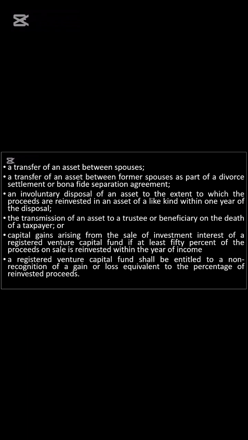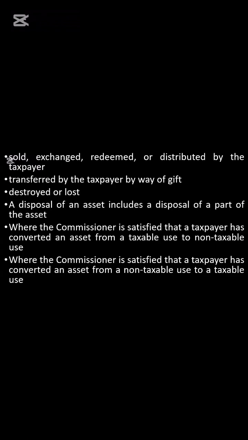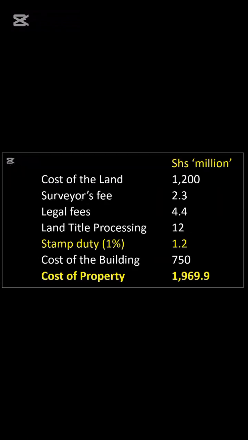In that case, we don't include or we don't add back the gain on disposal for tax purposes. Then others. So I think you look at that also. But the main emphasis was to show you how to compute the capital gains tax for taxation purposes.